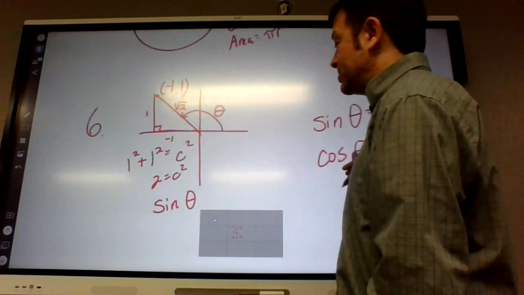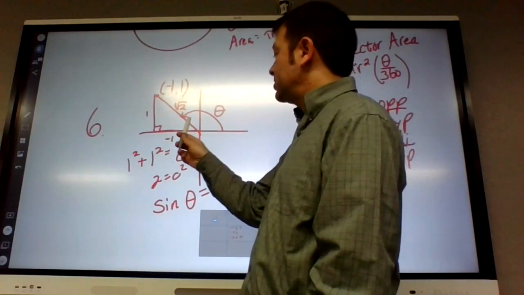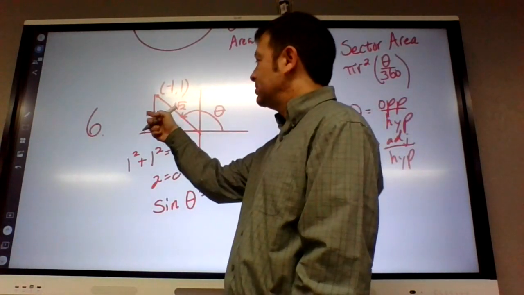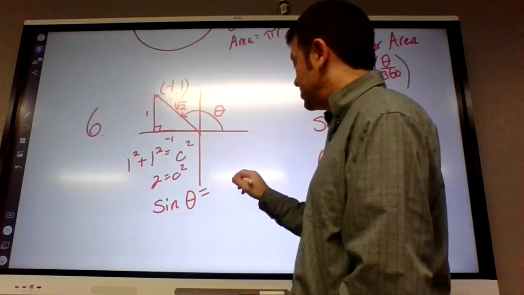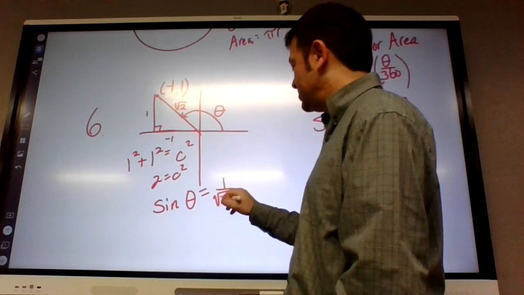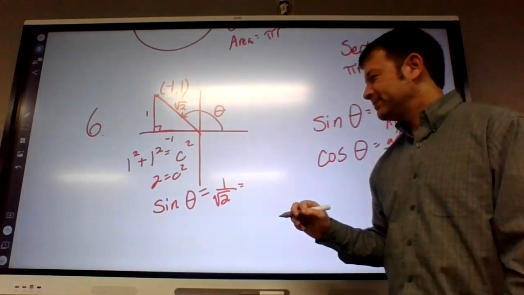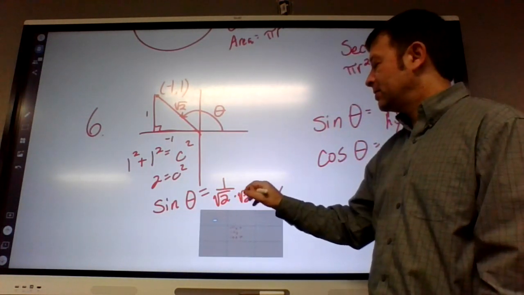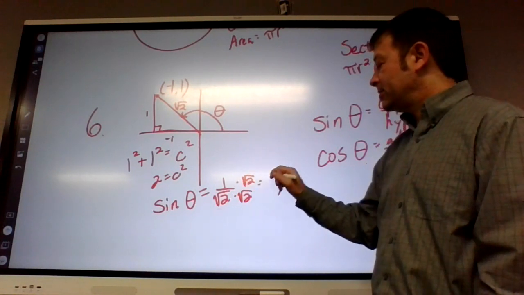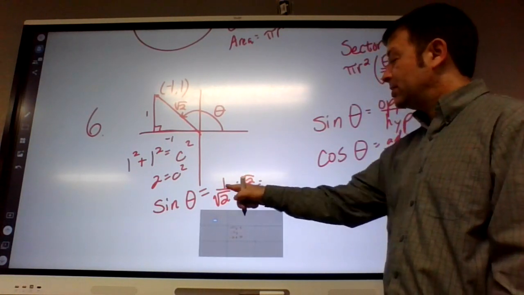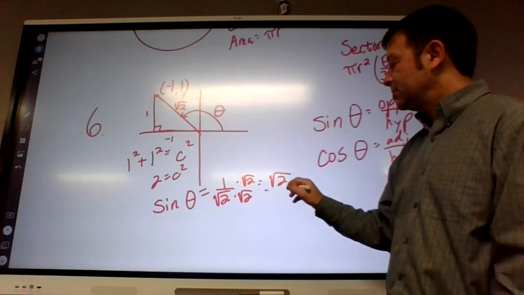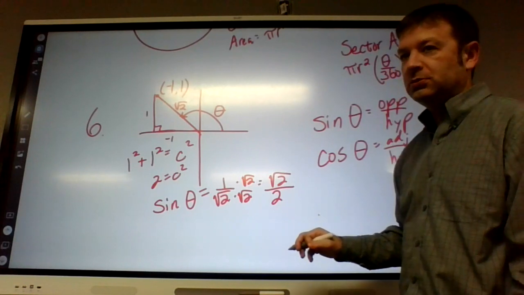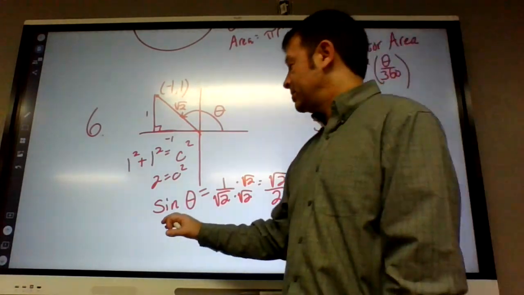Okay, so the sine is going to equal opposite over hypotenuse, 1 over square root of 2. You guys know what 1 over square root of 2 changes into? You're not supposed to leave the square root in the denominator. So you multiply by square root of 2. 1 times square root of 2 is square root of 2. Square root of 2 times square root of 2 is 2. Your calculator would do it automatically, yes.